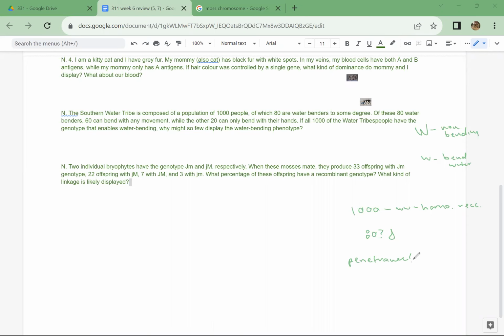If we think about Mendel, we had pea plants, and the pea plant could be green and round, or green and wrinkly.